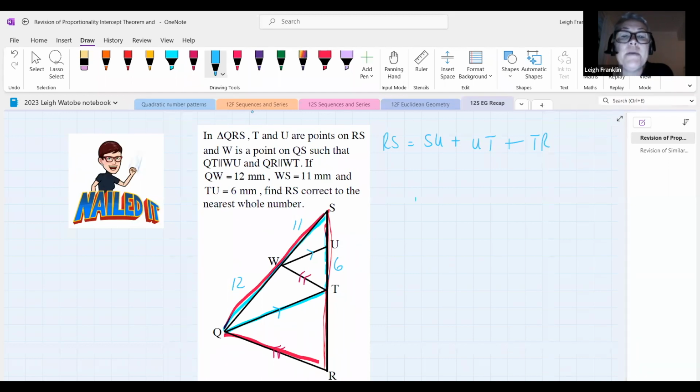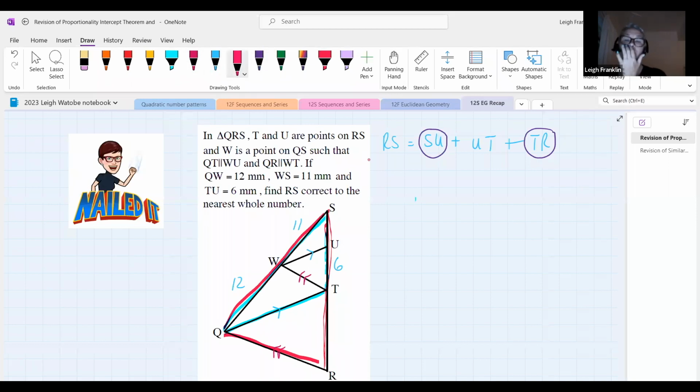It's those three pieces added together. We already know that UT is equal to 6. So that means we need to calculate SU and TR. That's our focus. Calculating SU first of all, can anyone make me a proportion to calculate SU?